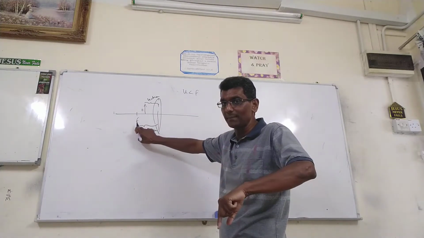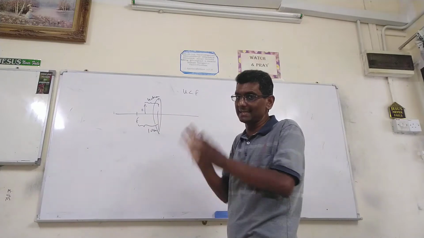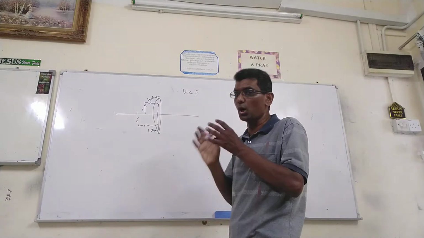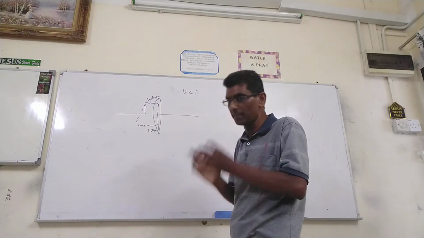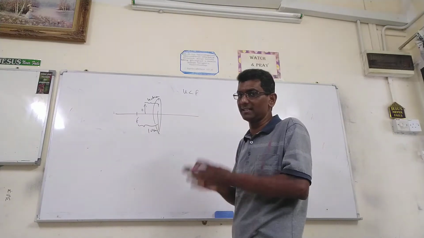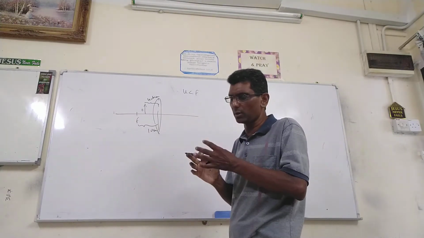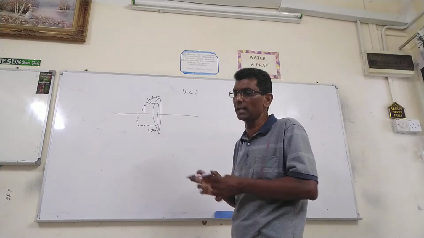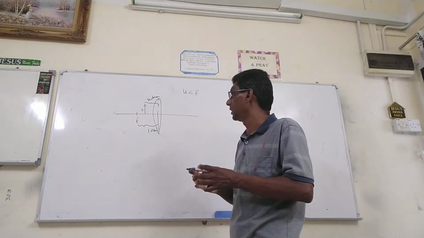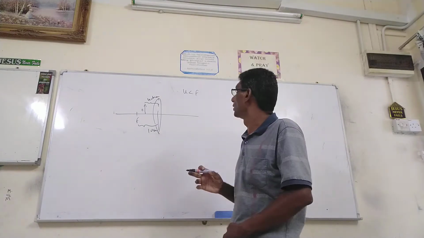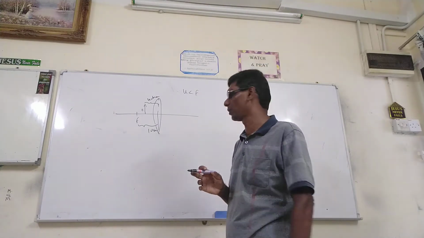So the object distance is less than the focal length.